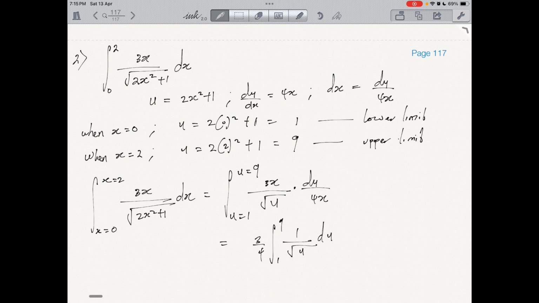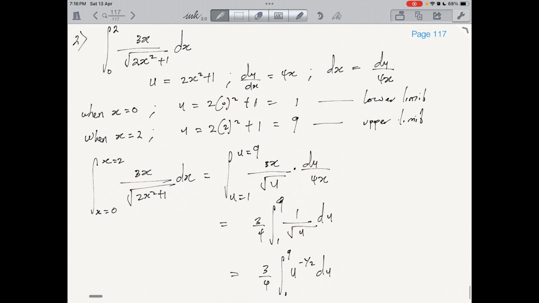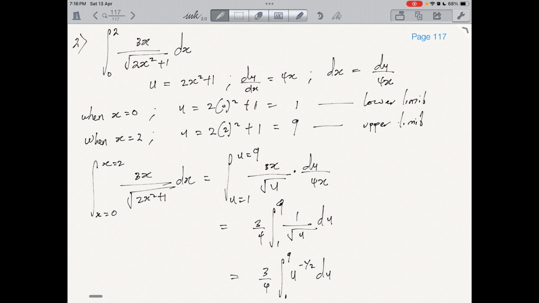So simplifying this further, we will have 3/4 integral of u raised to power minus half du from limit of 1 to 9. Now, since we have changed limits, we don't need to substitute our u back into this. So this reduces the stress in simplifying further.